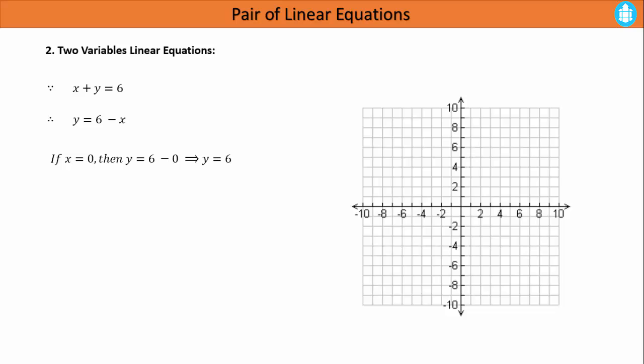If x is equal to 0, then y is equal to 6 minus 0 implies y is equal to 6. If x is equal to 3, then y is equal to 6 minus 3 implies y is equal to 3. If x is equal to 6, then y is equal to 6 minus 6 implies y is equal to 0.